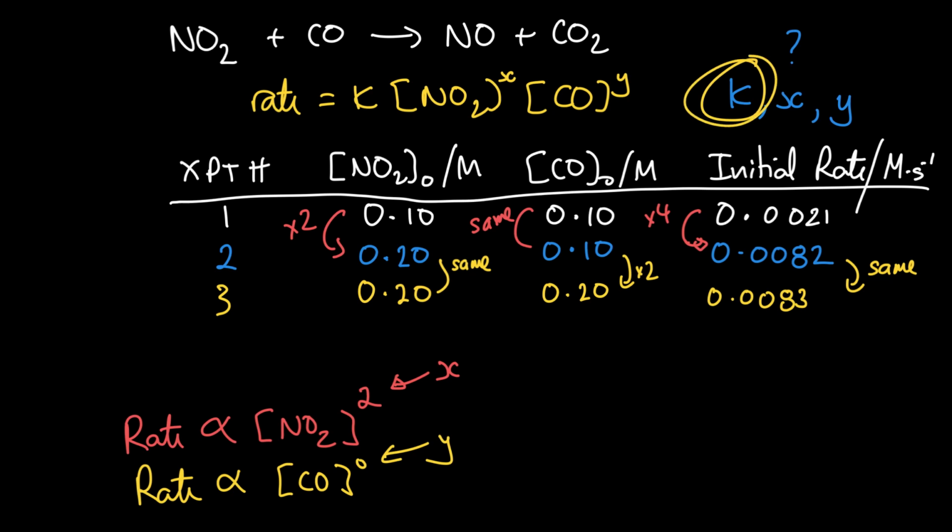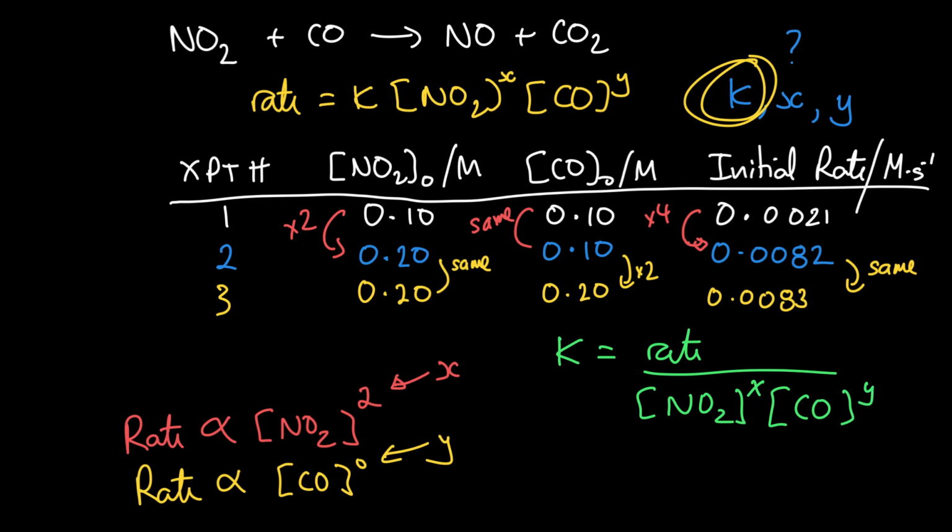So at this point, we can rearrange the expression, and we can say that the rate constant k is equal to the rate over the concentration of NO2 to the x times the concentration of CO to the y. And that's what we started with, but of course we've now determined the value of x and the value of y. So let me go ahead and delete those and replace them. So we know that x is 2 and y is 0. And of course something to the 0 power is just 1.